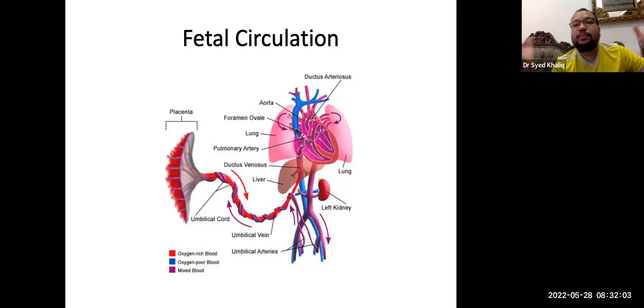So what happens when the baby is being born? Several things happen. The first one: we tie the umbilicus, and we cut the umbilicus.